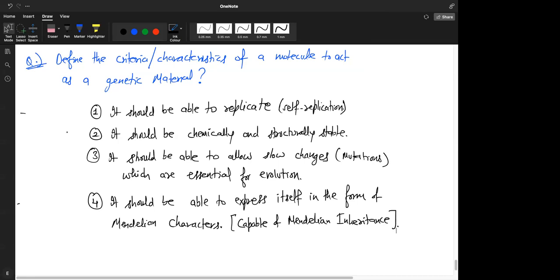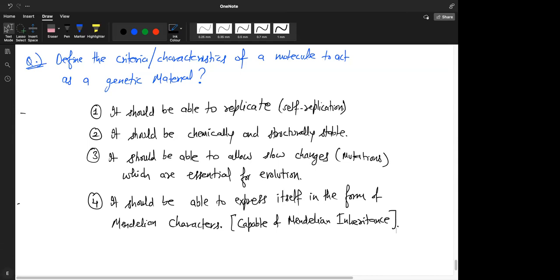Now, if you look carefully at these four criteria, all of you, protein fails at the first level itself. Proteins cannot self-replicate, right? They depend on RNA and ribosomes to be made. So they are produced in the cell. Now we know how protein is synthesized, by ribosomes, right? We know that.